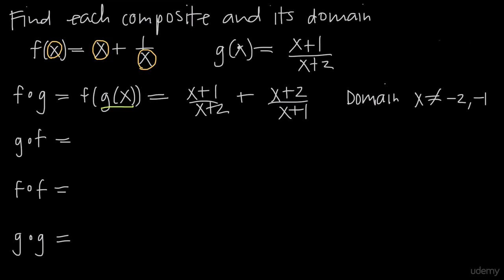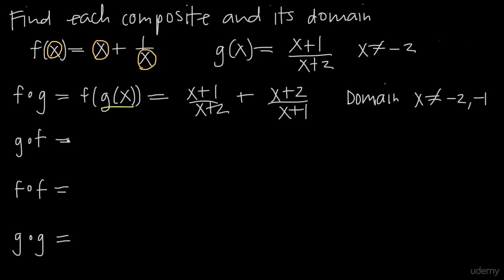Well, if we go back to g of x here, the domain for g of x is going to be all x not equal to negative 2, because negative 2 is the value that makes the denominator here 0, which we can't have. Well, in this particular case, we've already accounted for negative 2 in the domain, so we don't have to add anything else. We can just say the domain is x not equal to negative 2 or negative 1.